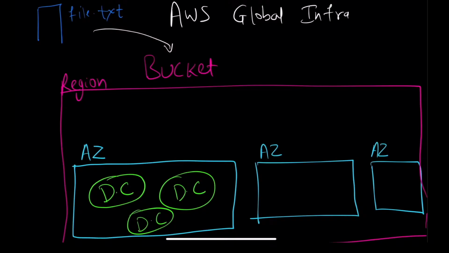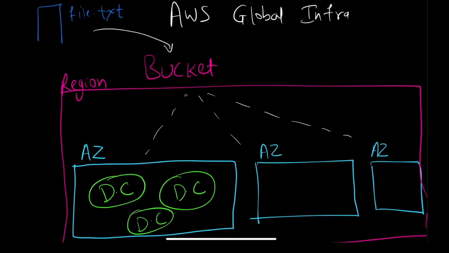So the bucket being a regional component, a regional component always has visibility to all the availability zones, and thus all the data centers which are part of the availability zone. So whenever you send a file to a bucket, the file is maintained in a way that it can provide you those 11 nines of durability.